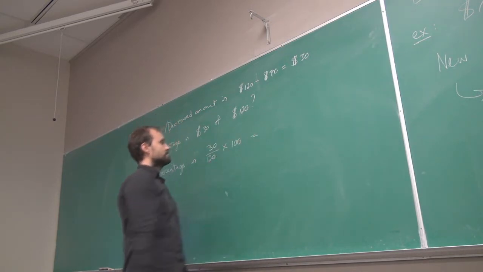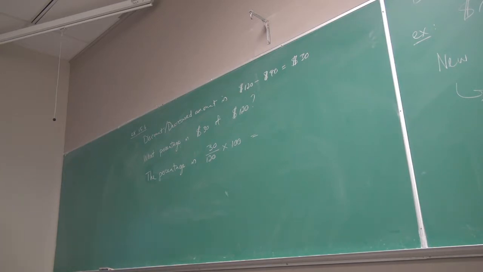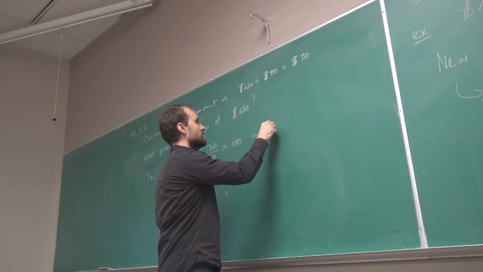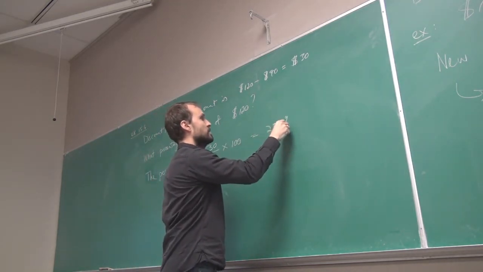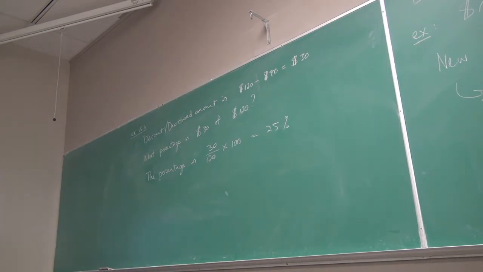What do I get? 25. You don't have to do it in your head if you don't like that. It's totally fine. Calculator's your friend here. 25%. So going from 120 to 90 is a decrease of 25%, or a discount, or whatever.